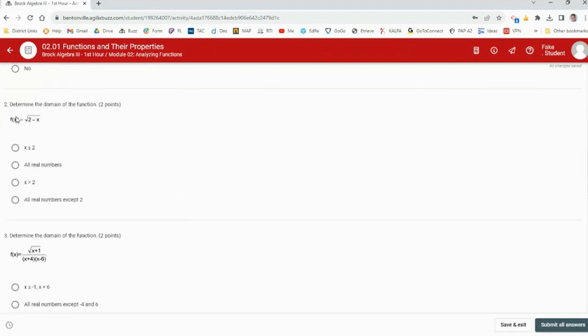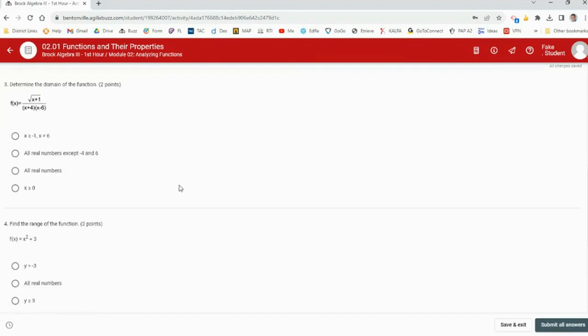What's the domain? Again, what number is not allowed? Anything that makes that 2 minus x less than 0. So you'd want to solve that for 0 and say x can't be a number that doesn't work. So is it less than or equal to 2, greater than 2, all numbers but 2? Figure that out. What's the domain of this? This has more than one restriction because this has to be 0 or greater because it's the square root of.